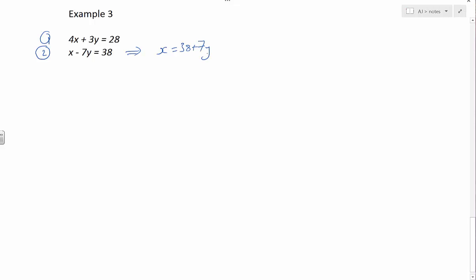It's the same condition, it's just written a slightly different way. So we're using the condition of equation 2, so let's substitute it in equation 1. So if 4x plus 3y is 28, and we want x to equal 38 plus 7y, then we just replace x by 38 plus 7y.